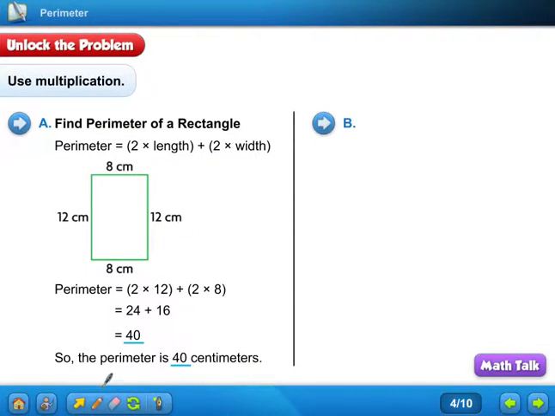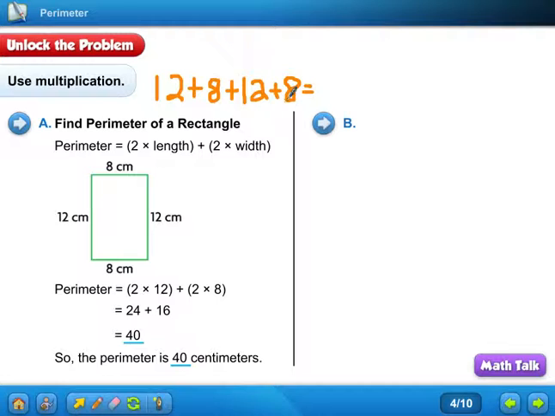Let's do that the addition way, just so you can see that it's the same exact thing. So we could do 12, sorry if my writing's sloppy, plus 8 plus 12 plus 8. And that will equal 12 plus 8 is 20.